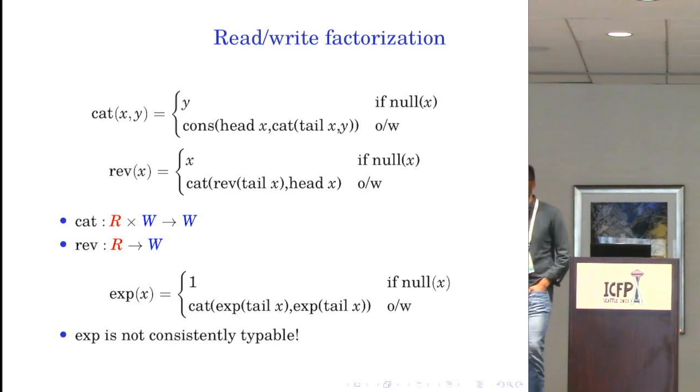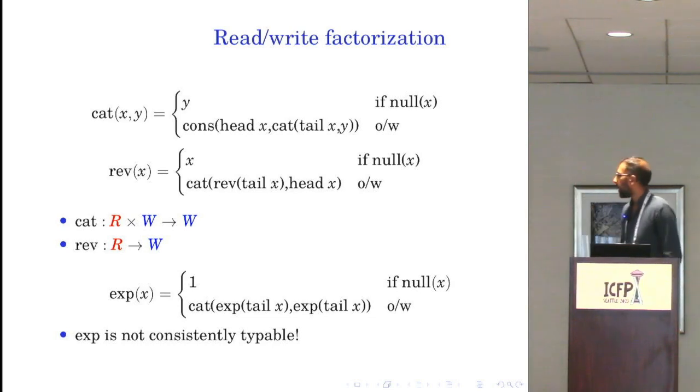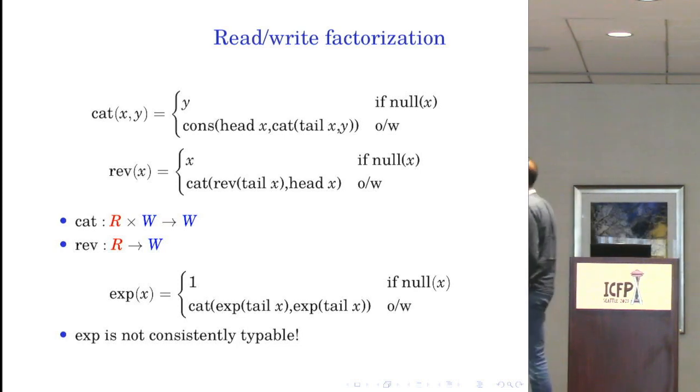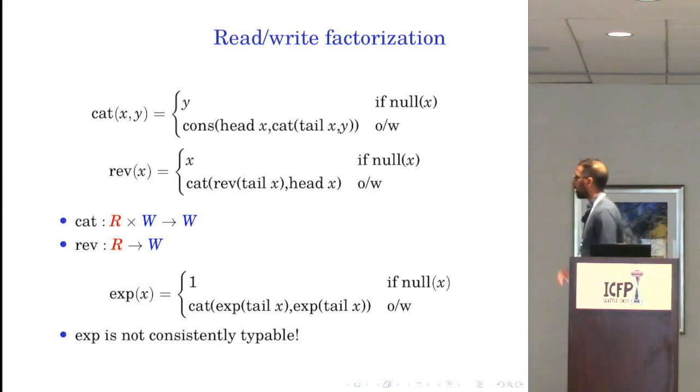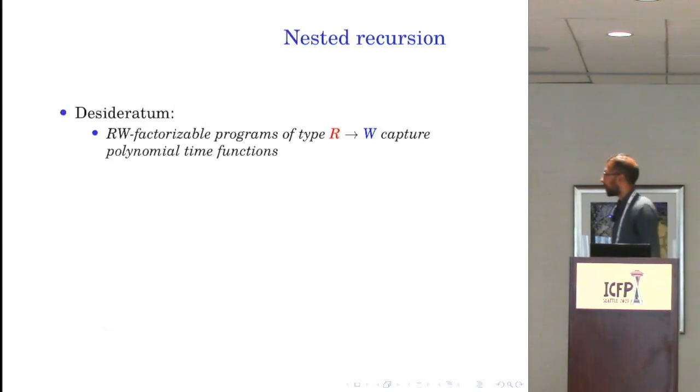So you take in a string of length n, you return a string of 2 to the n ones, and it's just a standard definition of the binary exponential function, hidden a bit. But you can see that it's not consistently typable because we feed the same term into both arguments of concatenation, which are typed differently.